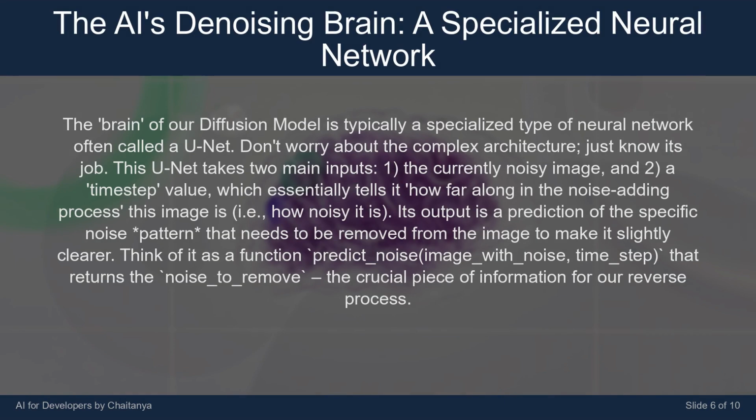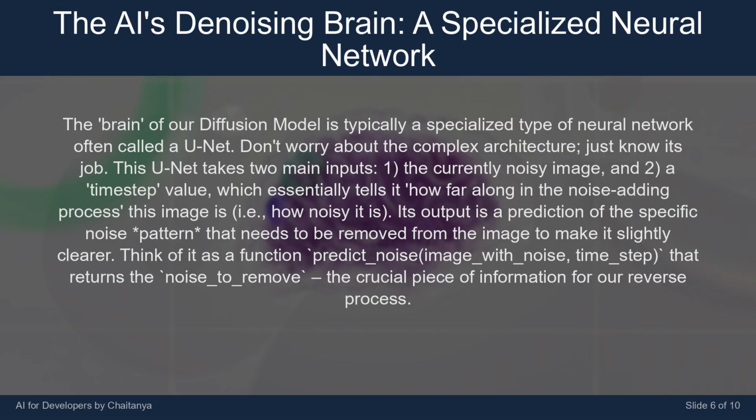The brain of our diffusion model is typically a specialized type of neural network often called a U-net. Don't worry about the complex architecture. Just know its job. This U-net takes two main inputs. 1. The currently noisy image. And 2. A time step value, which essentially tells it how far along in the noise adding process this image is, i.e., how noisy it is.